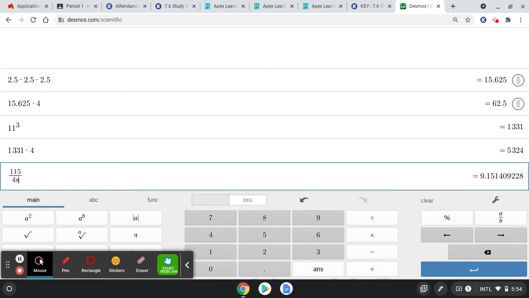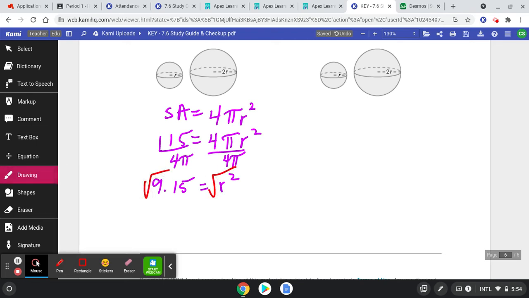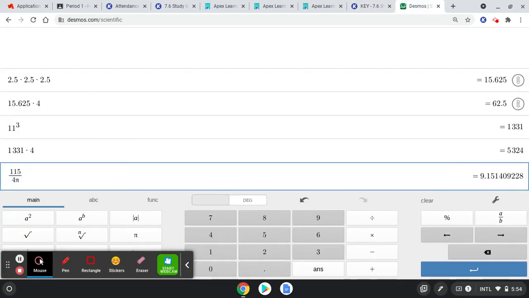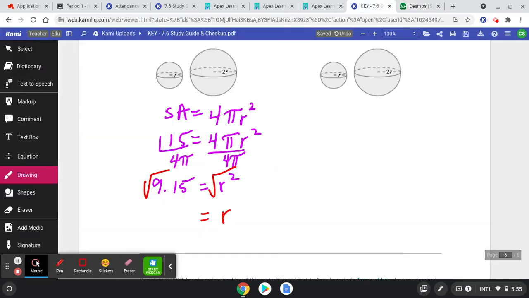We're getting 9.15. And then we're going to square root both sides to get the radius of 3.02 units.